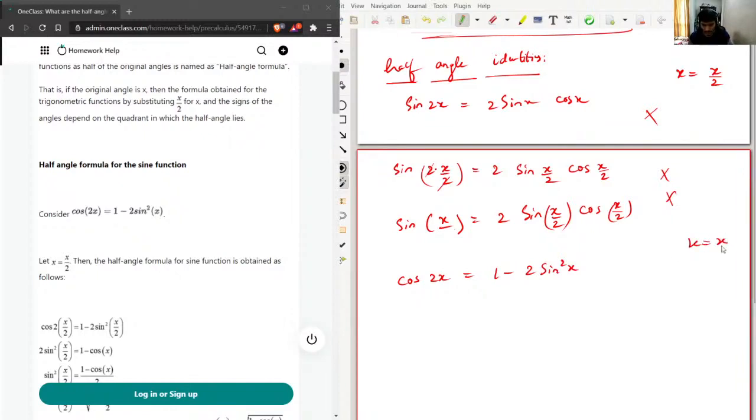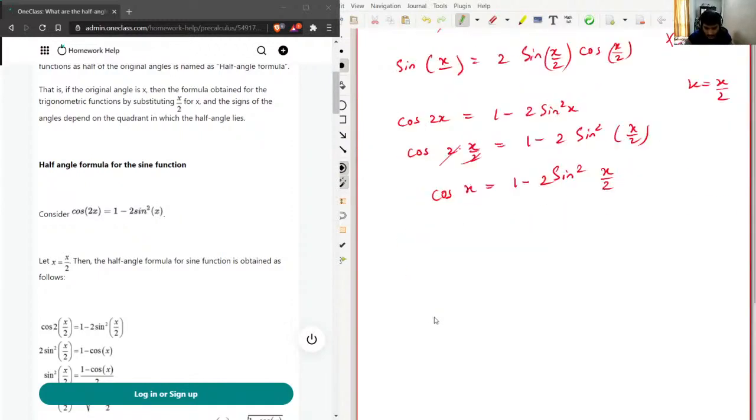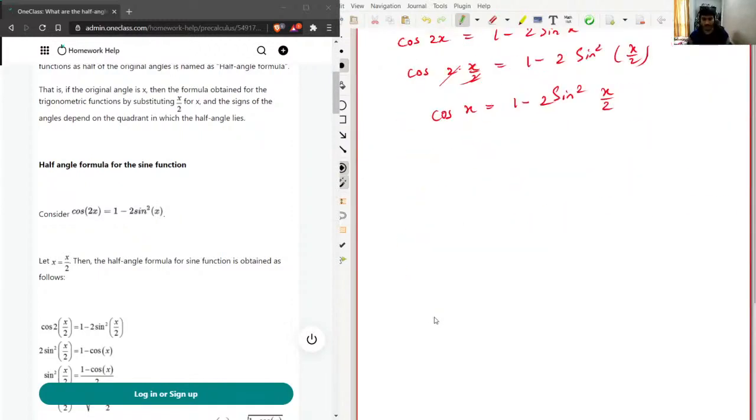We'll put x equal to x over 2, so cosine of 2 times x over 2 equals 1 minus 2 times sine square x over 2. This 2 and this 2 can get cancelled, and we'll have cosine x equal to 1 minus 2 sine square x over 2. Now we'll be solving this for sine x over 2.